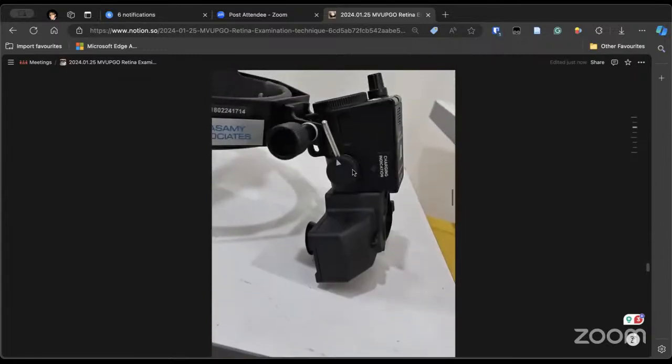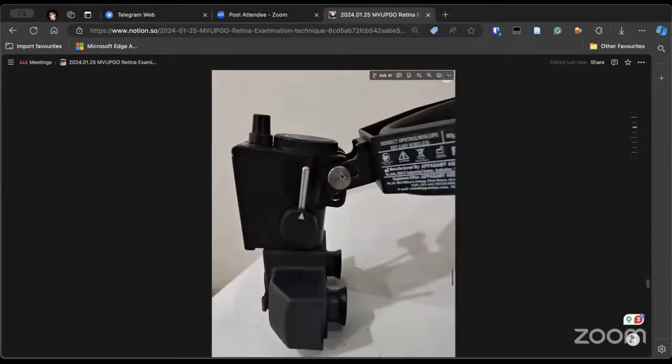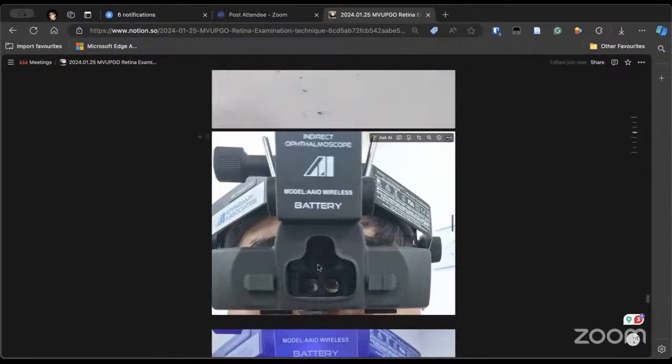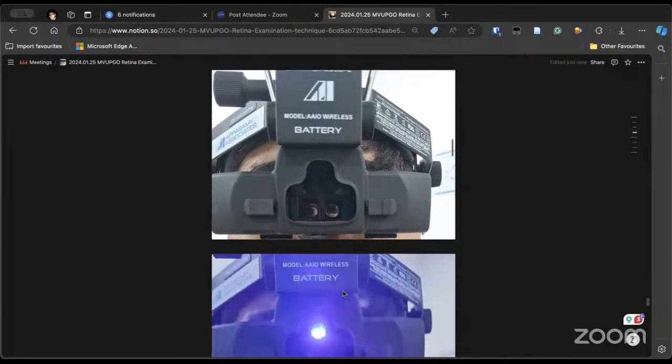So these are levers, and I think all of you have been using this, so you should know. And this is what I told you: the pupil of the examiner is seen in the two mirrors below. From the upper side there is a light coming, and there is a mirror putting the light on the observer, and the two pupils or two eyes of the examiner are coming to this through this mirror.